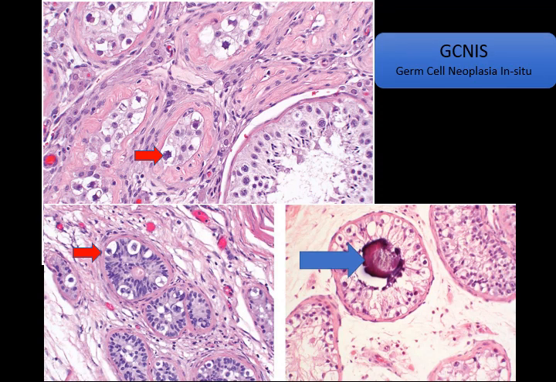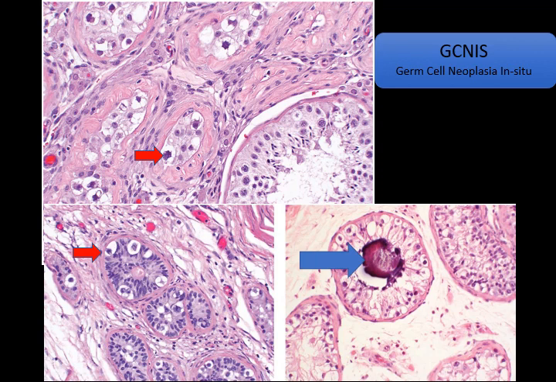So as with a whole lot of different types of malignancy, germ cell tumours are associated with a non-invasive or in situ component. We call this germ cell neoplasia in situ. If you look at the image at the top, down the bottom right there is a more normal appearing tubule in profile.